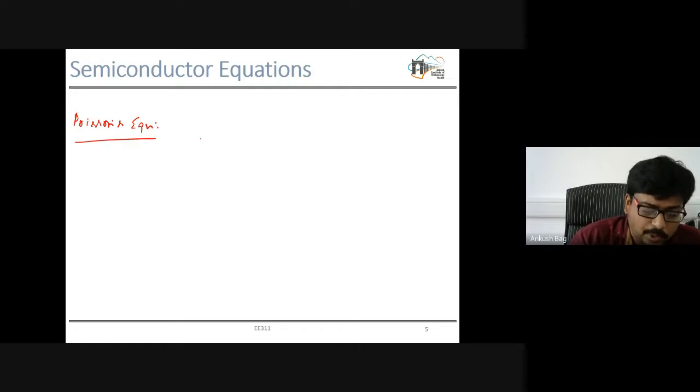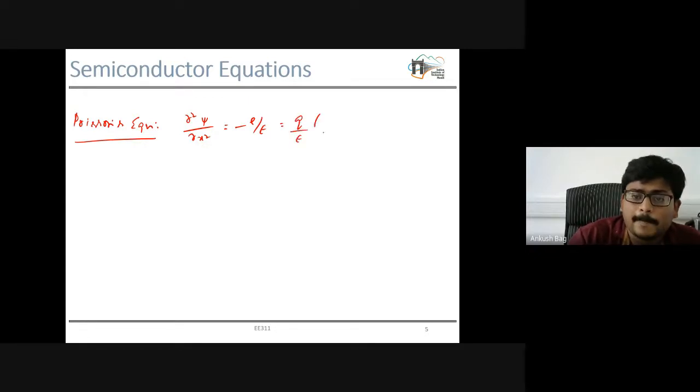So what is Poisson's equation? I quickly write this. So this is the Poisson's equation. This is p minus n plus donor ions, acceptor ions.